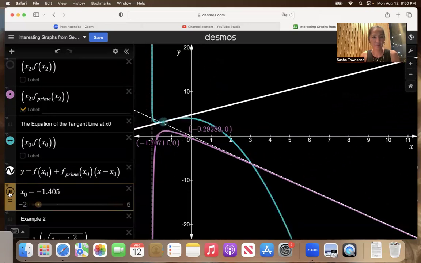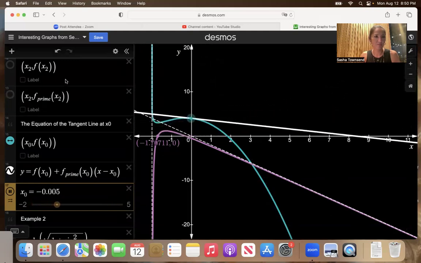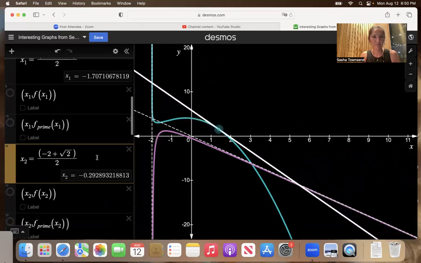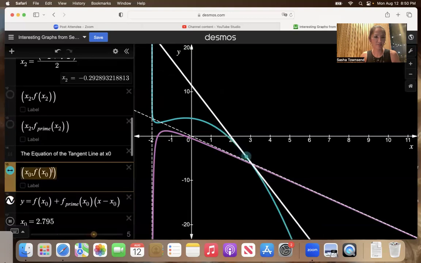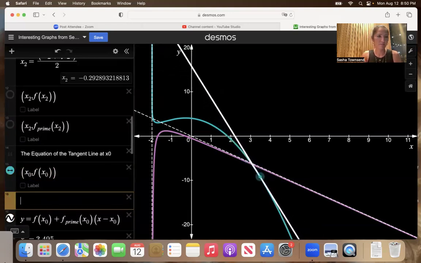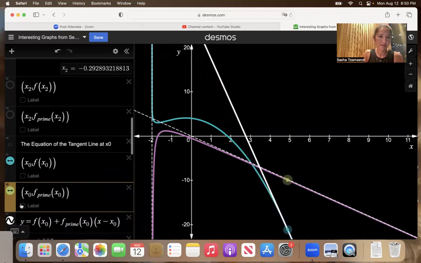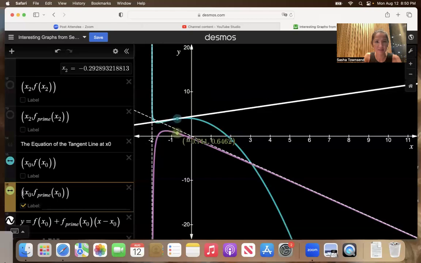We can also just let that tangent line be graphed the entire time. And if you want to, you can also plot the point that represents the slope. I sometimes like to see what the slope is of that line.